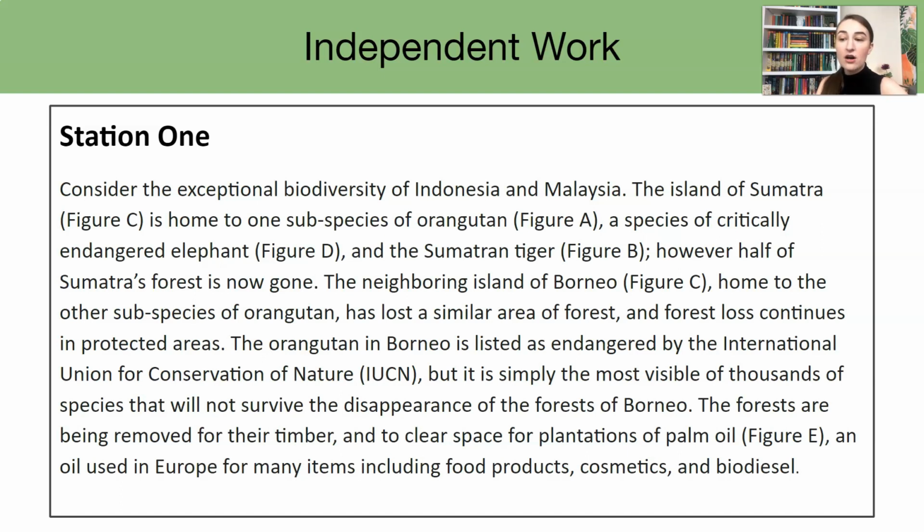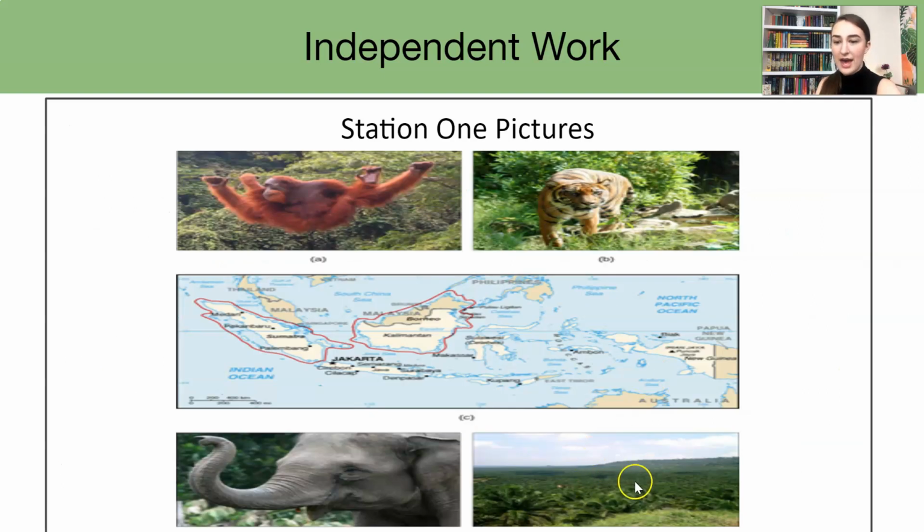The forests are being removed for their timber, their trees and wood, and to clear space for plantations of palm oil, figure E, an oil used in Europe for many items including food products, cosmetics, and biodiesel. And actually there's palm oil in a lot of things in the United States too, not just in Europe. So here we have the palm oil plant here.